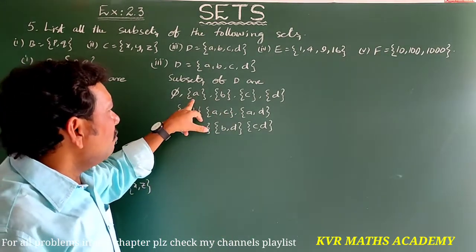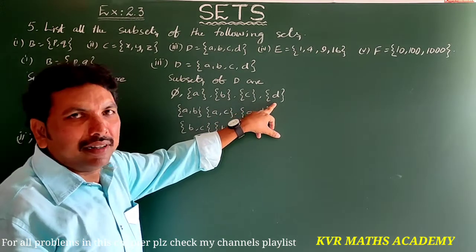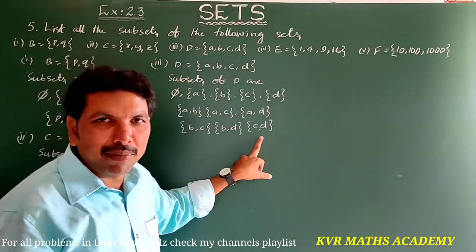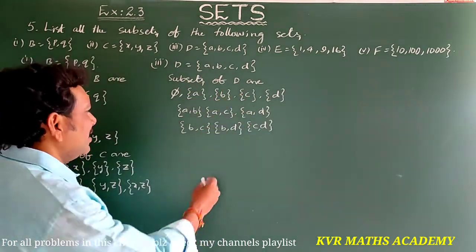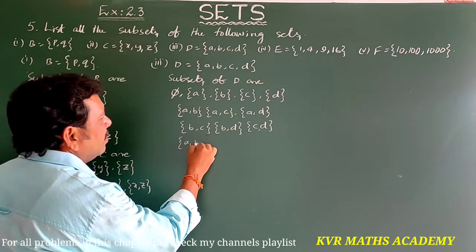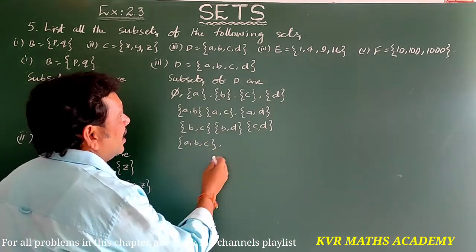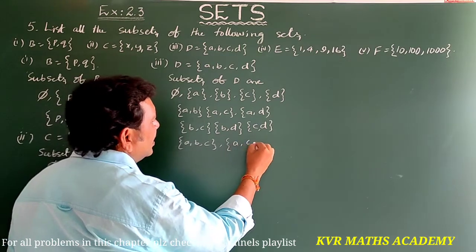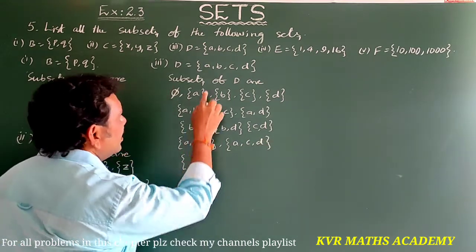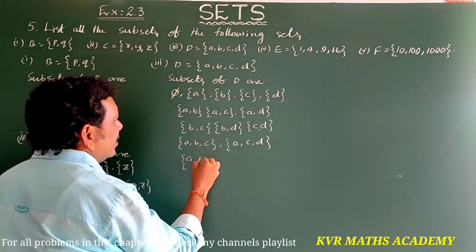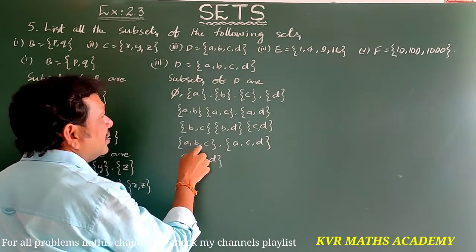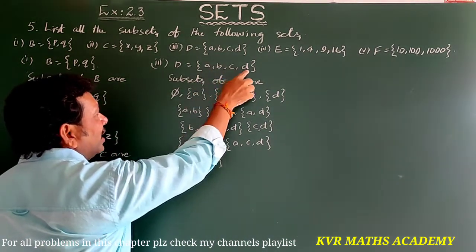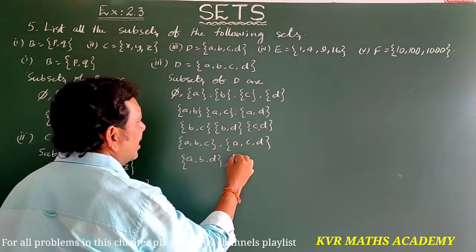Next, 1 element completed, 2 elements also completed. Next 3 elements: set of ABC, set of ACD, set of ABD completed.